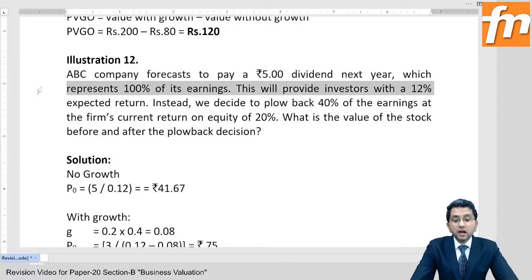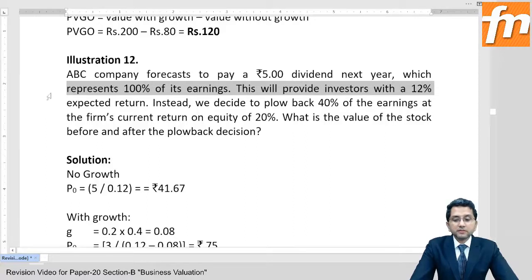Suppose the company distributes 100% of its earning. If 100% of the earning is distributed as dividend, then there is no growth, my dear friends. Growth is only there if you retain something, because growth formula is return on equity multiplied by retention ratio. If payout ratio is 100%, retention ratio is 0. If retention is 0, growth is 0.